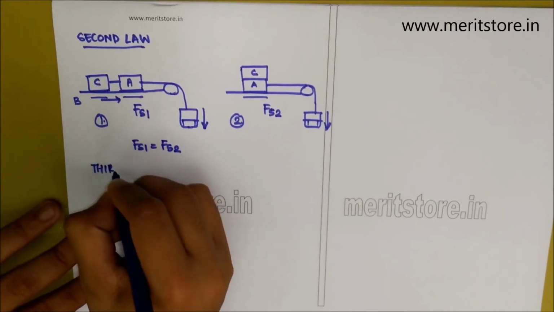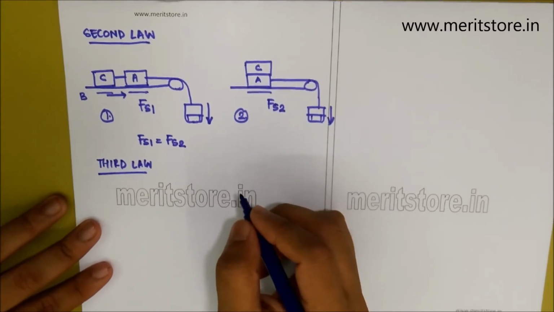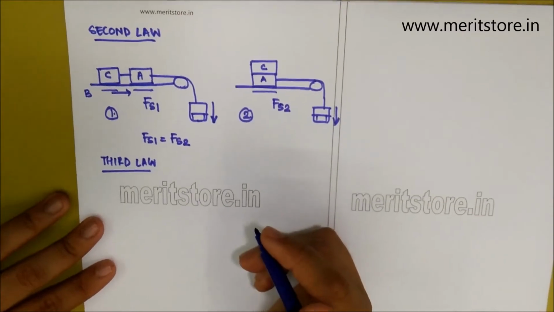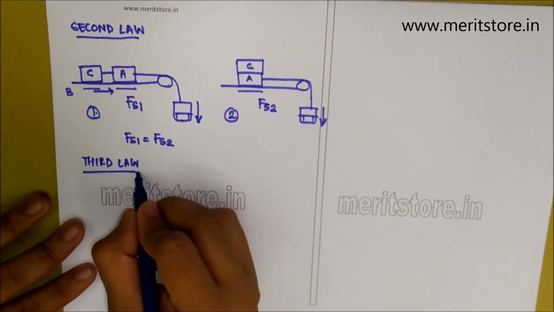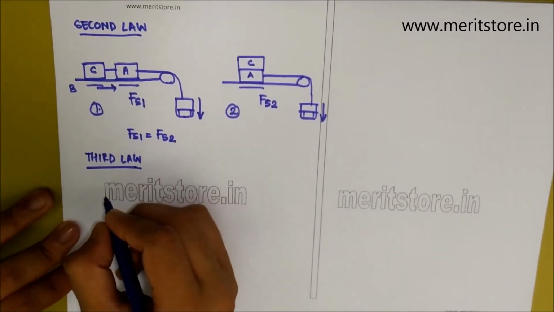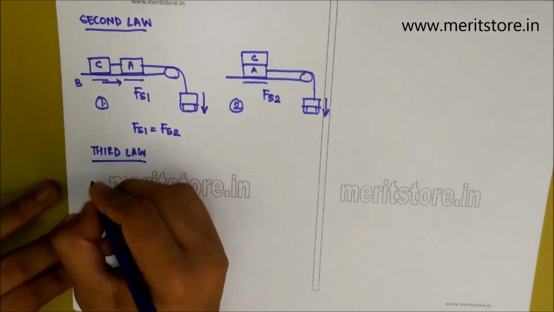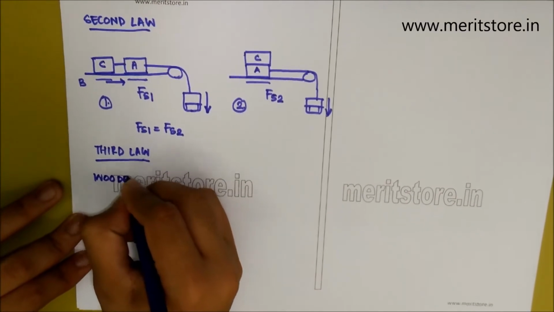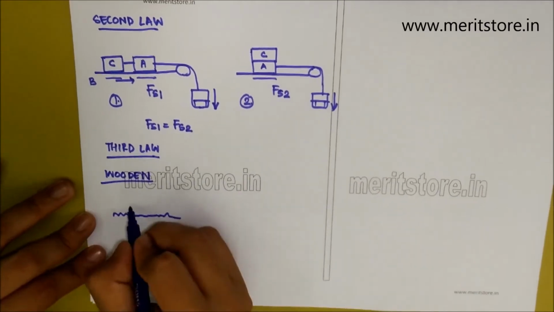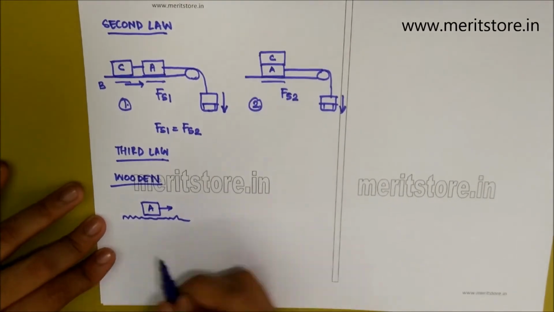The third law states that the limiting force of static friction is independent of the nature and the material of the two bodies in contact. This means that, say for example, it's dependent on the materials of the bodies in contact. Say for example, we have a wooden surface with irregularities like this, and I place my body A over this, and I tend to move it.